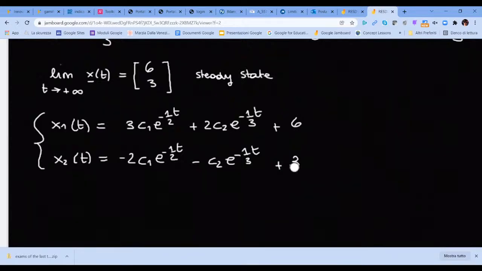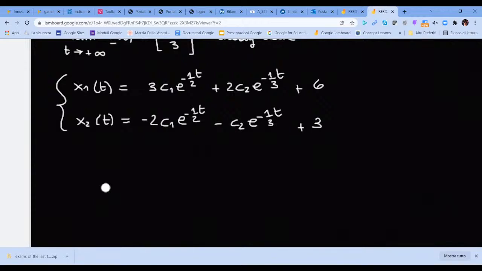Okay, and if we have initial conditions that are given in the problem, for instance, x1 and x2 of 0.